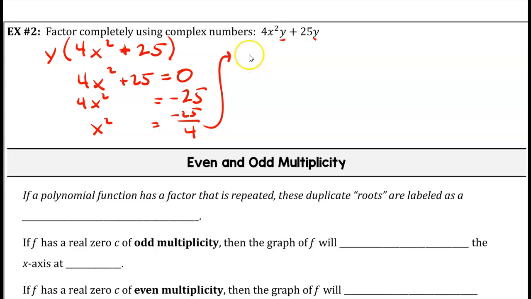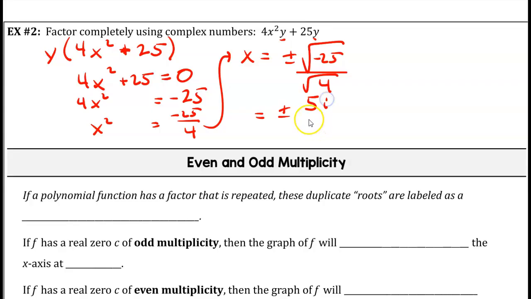So x is now going to be plus or minus the square root of negative 25 over the square root of 4. So on top we get the 5i. On the bottom we get 2. And we don't really need to worry about taking the square root of 4 and saying plus or minus 2 because we already have the plus or minus in place.